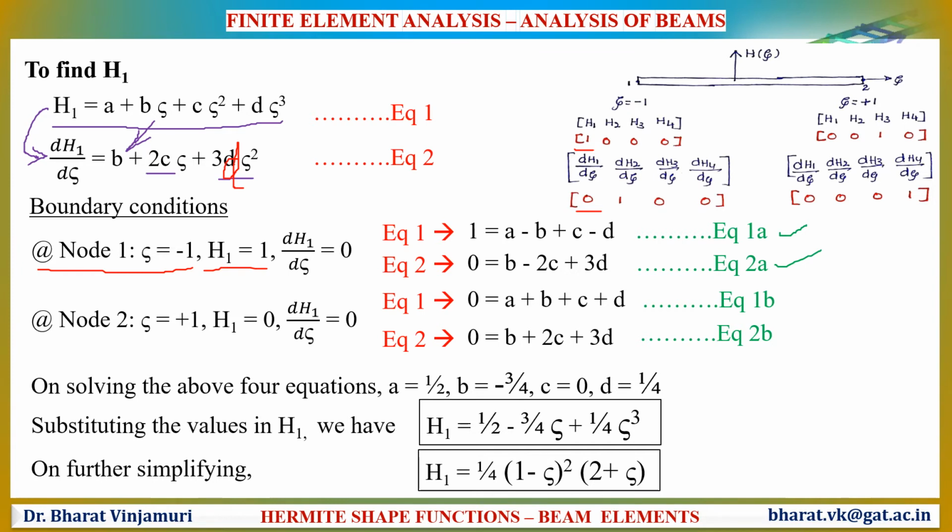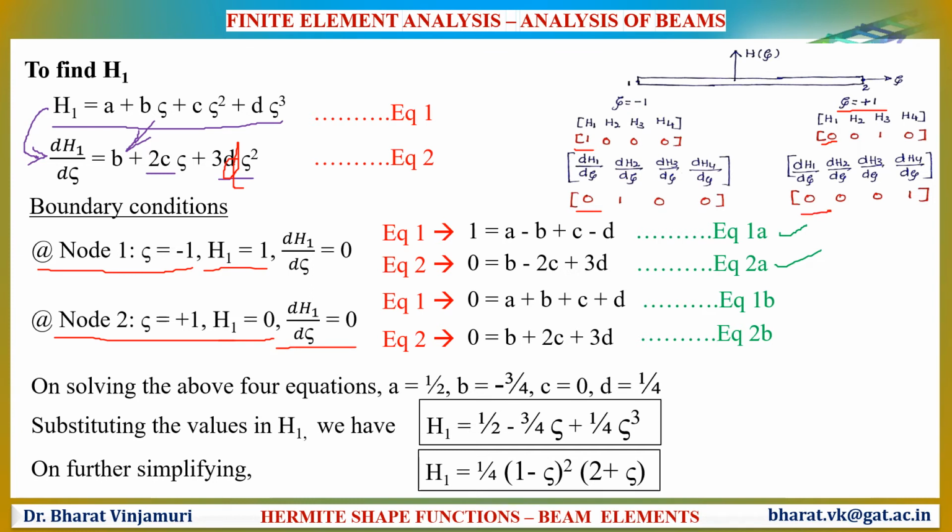So once again, the boundary conditions at node 2. At node 2, the value of zeta is plus 1, the value of h1 is 0, as well as the value of dh1 by d zeta is also 0.